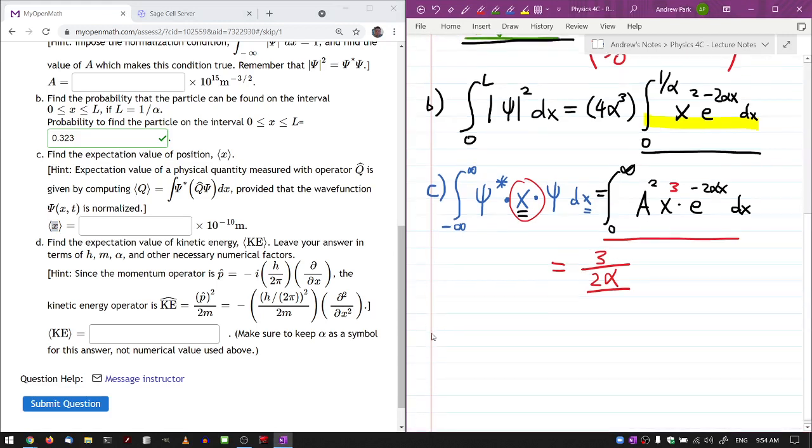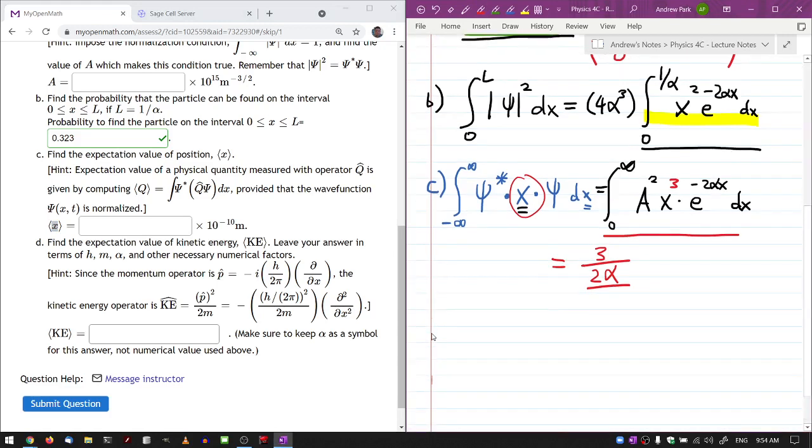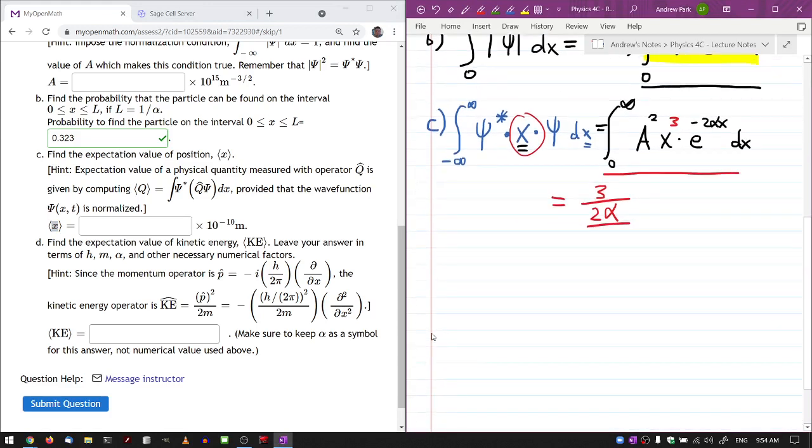Okay, let's keep going. Part D is expectation value of kinetic energy, and it's the same deal again. You just have to chalk it through the expressions. So it's the same basic expression that you are going to be using.